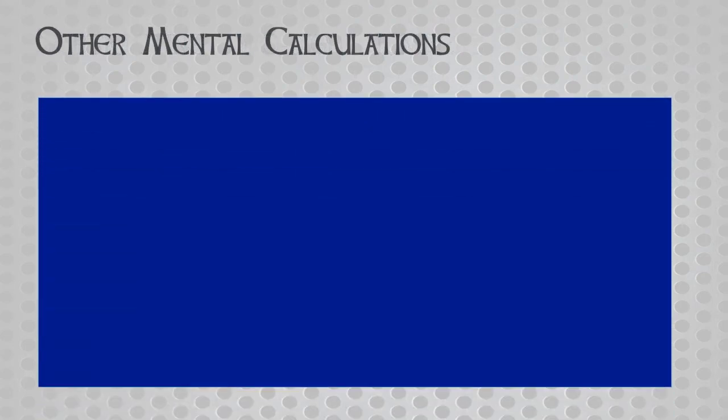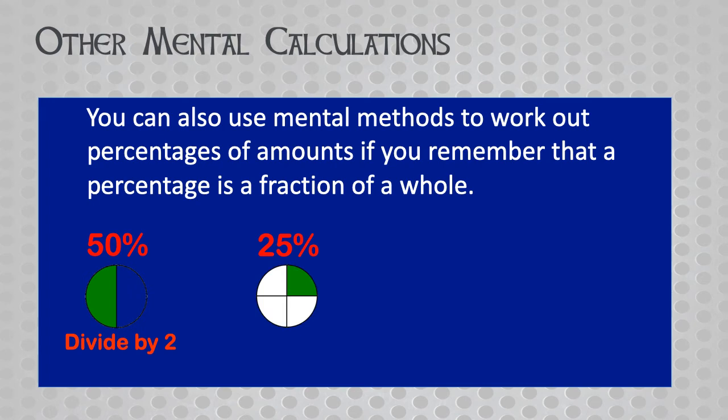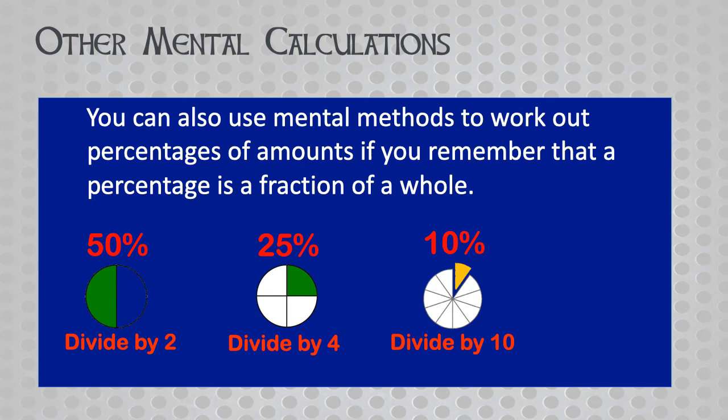However, these are not the only mental calculations we can make. You can also use mental methods to work out percentages of amounts if you remember that a percentage is a fraction of a whole. 50% is the same as saying half, which means to divide by 2. 25% is the same as saying a quarter, which means to divide by 4. 10% is the same as saying 1/10, which means to divide by 10.